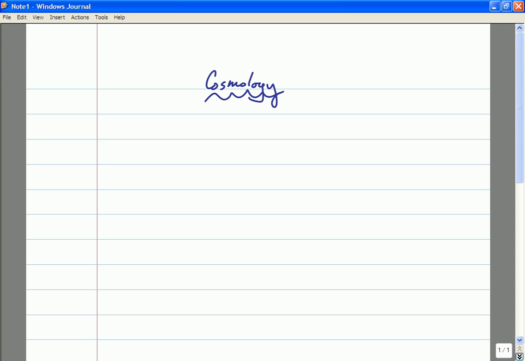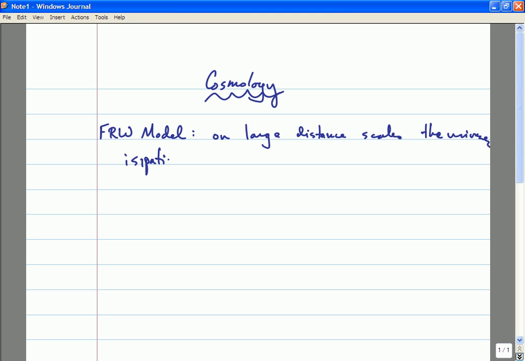we decided to adopt a simplified model known as the FRW model, which is supposed to be valid on very long distance scales, where you average out over all of the irrelevant little fluctuations like us, galaxies, stars, inhomogeneities, and so forth, and you assume that on its largest distance scales, the universe is spatially homogeneous, and isotropic.